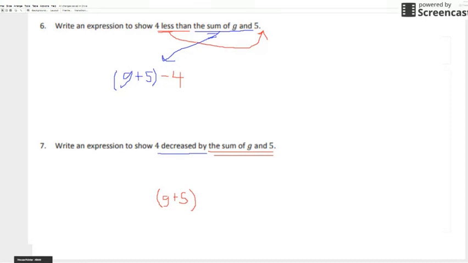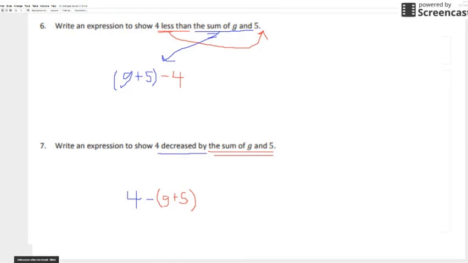Let's put that in blue. This is being subtracted: 4 decreased by the sum of g and 5. So remember, the word less than means it goes to the back.